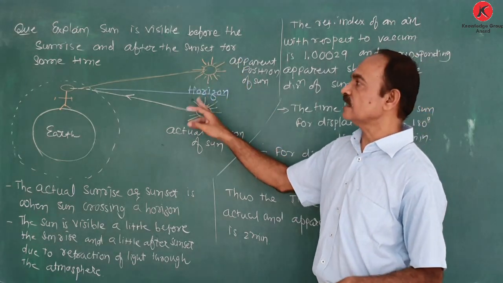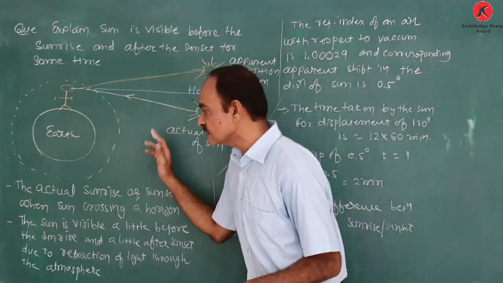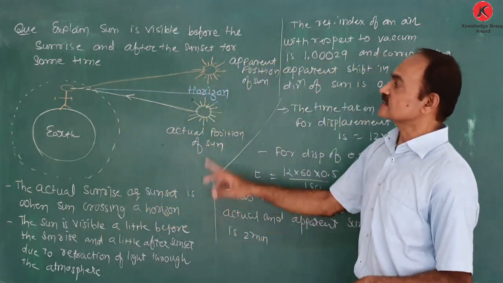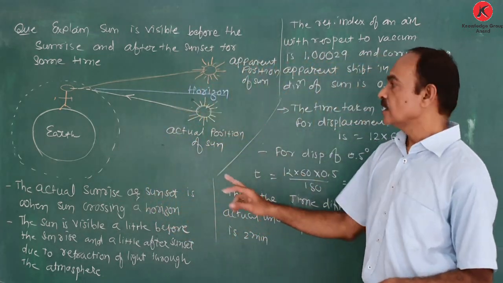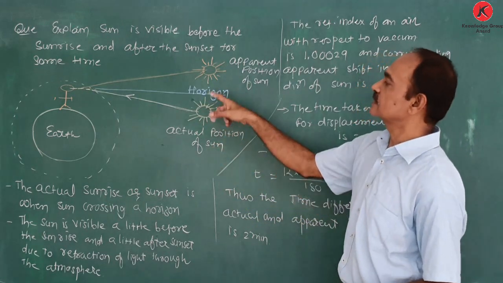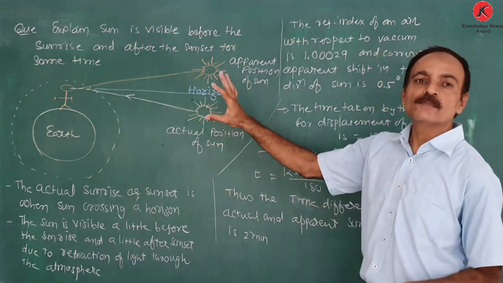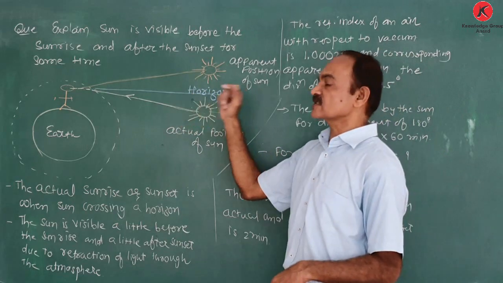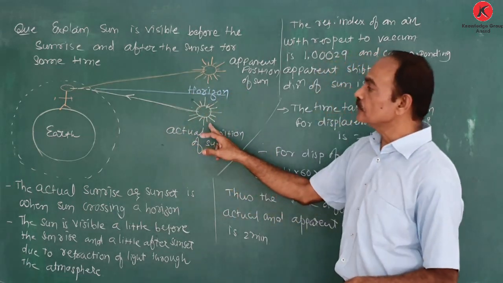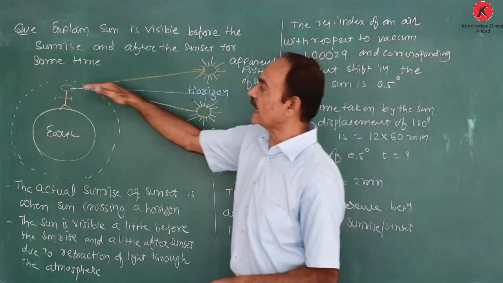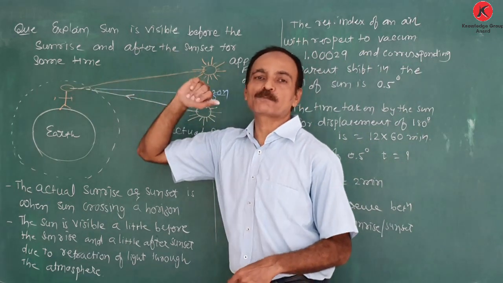Now, the sun is visible a little before the sunrise and a little after the sunset, because of the refraction of light in the atmosphere.